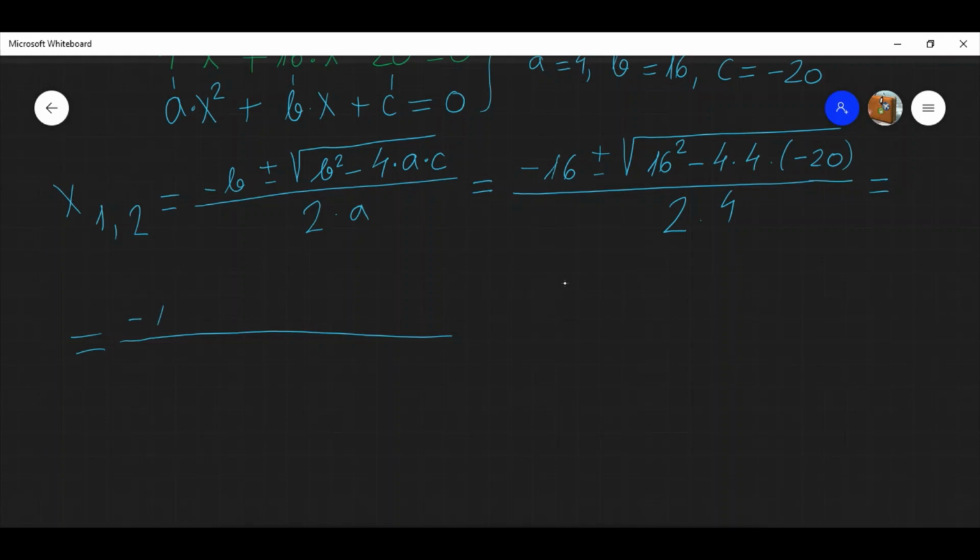Fraction minus 16 plus minus the square root of 16 squared, which is 256.